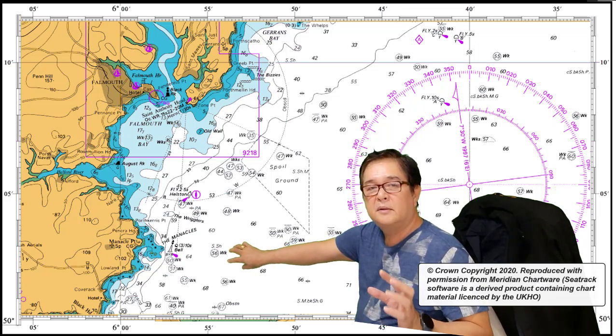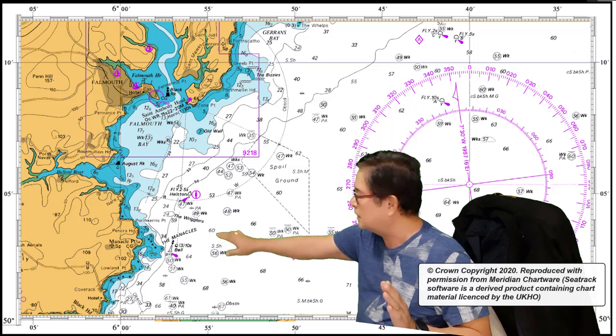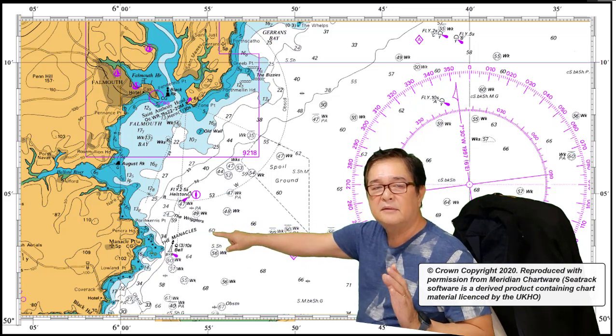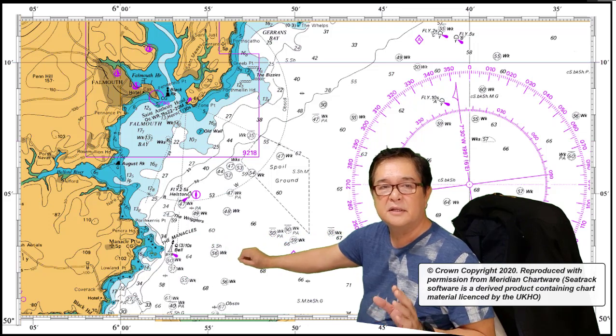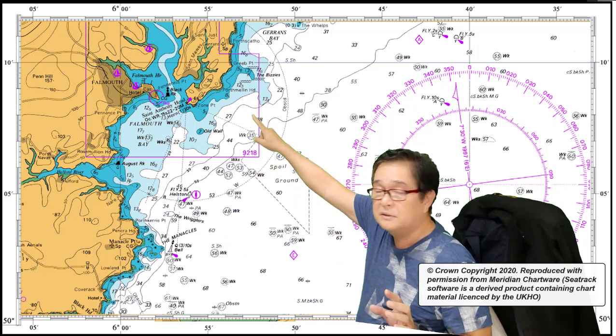Then we will have to take an LOP. We will determine the LOP to Manacle Point, somewhere there. After that, we will locate waypoint 2, somewhere over there.